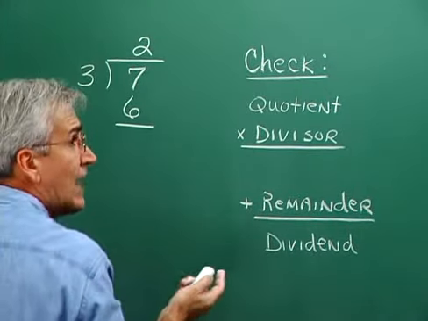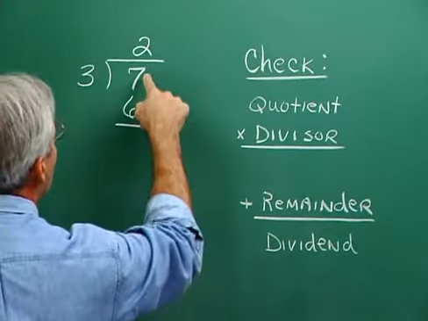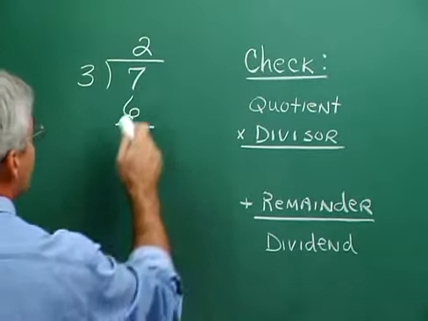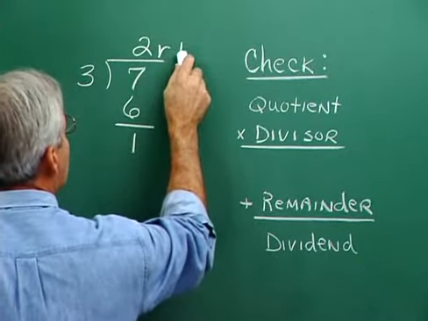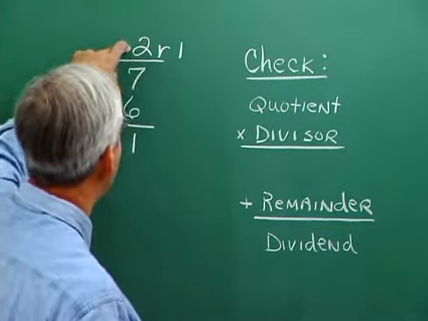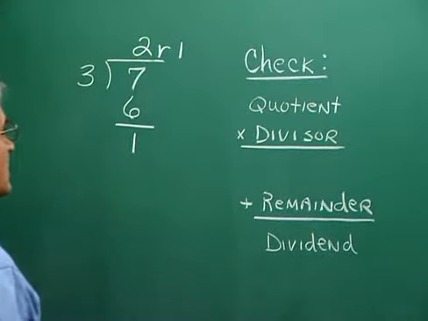What remains after we make this separation into those 2 groups? Well, let's see, 7 minus 6 is 1, so 1 is called the remainder in the process, and we designate it like this. Now, we may have another way to designate the remainder later, but 3 goes into 7 2 times with 1 as our remainder. That's the way we'll look at it for the time being.